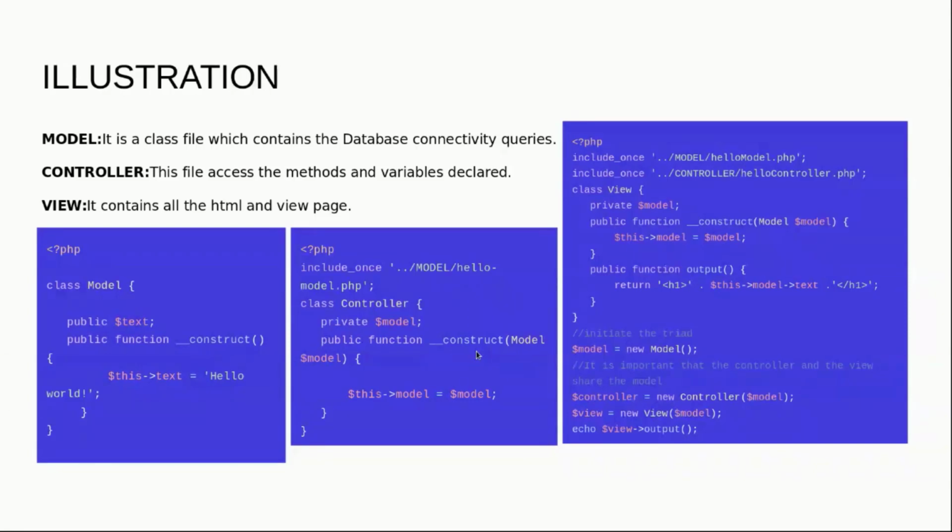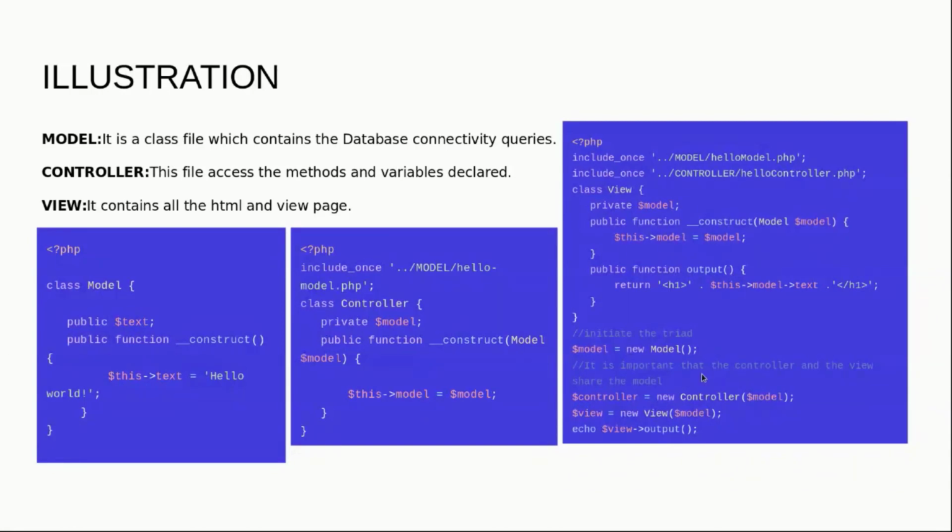So you have your model, which handles database connectivity. You have your controller, which deals with some logic and tries to link your model and the view. That is why within your constructor here, you have a model instantiated, so that whenever we call the constructor, we know that we have the model already in it.